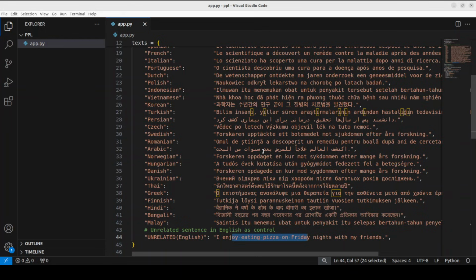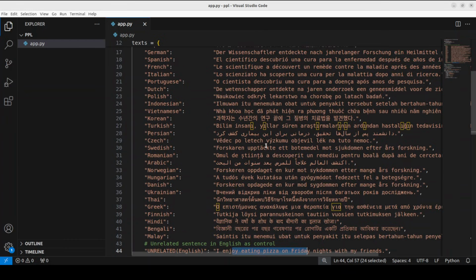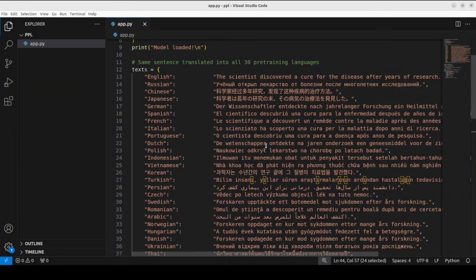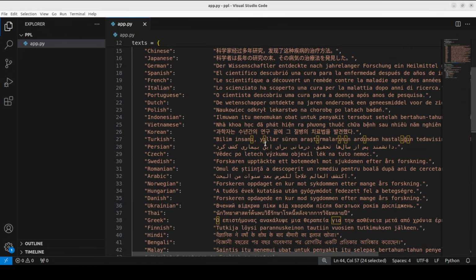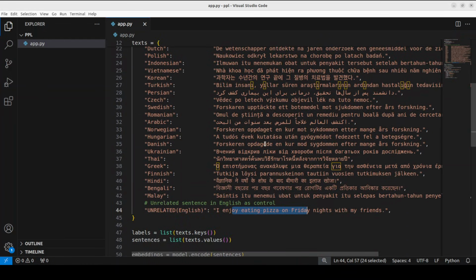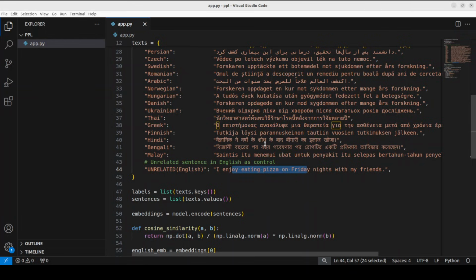So I'm going to take one reference sentence in English, which I just told you, the scientist discovered a cure for the disease after years of research, translate it into all 30 languages the model was trained on, embed all of them, and then measure how similar each translation is to the original English using cosine similarity. And then this unrelated pizza sentence at the bottom acts as a control baseline. So if the model is working correctly, every translation should score significantly higher than that unrelated sentence.